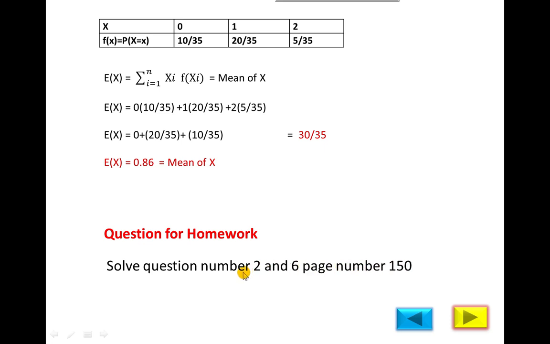In question number 2, it is the same as this question. Formula is given. Substitute the value of x, you will obtain f(x) or probability of x. And in question number 6, values of x and f(x), probability of x, both are given, same as the previous example.